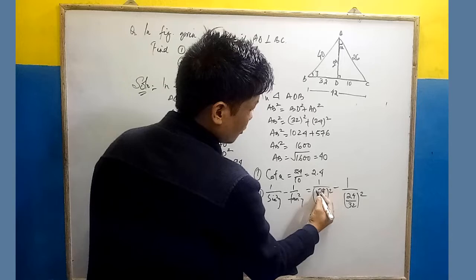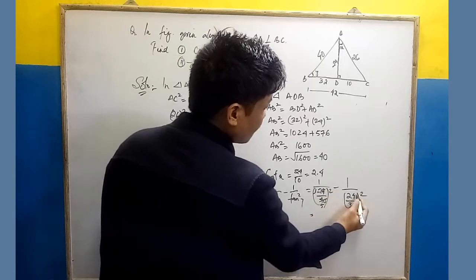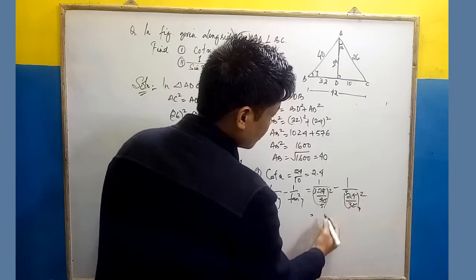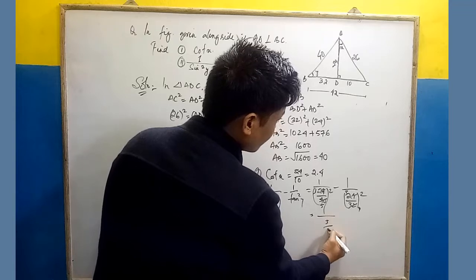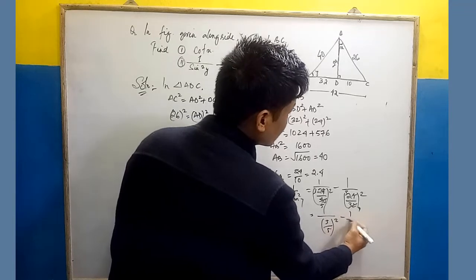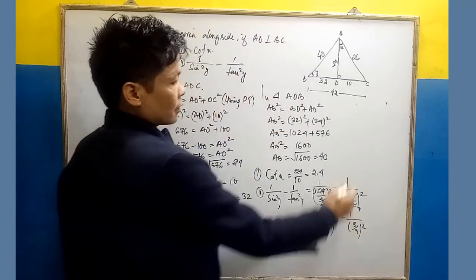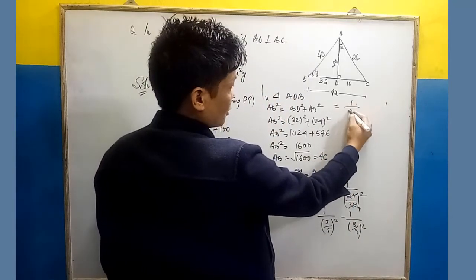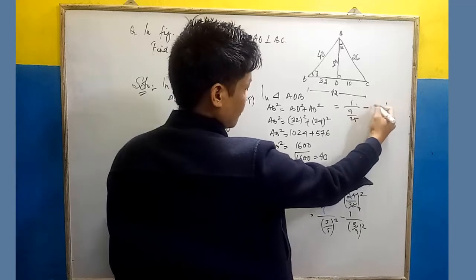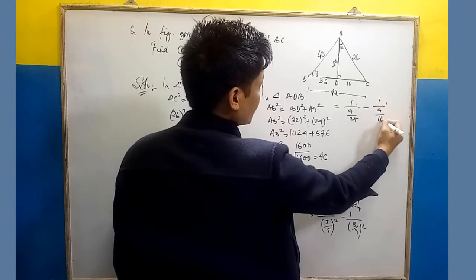So if I divide both by 8, 8 3 24, 8 5 40, 8 3 24, 8 4 32. So I'll get 1 by (3 by 5) whole square minus 1 by (3 by 4) whole square. So 3 square is 9, 5 square is 25, 3 square is 9, 4 square is 16.